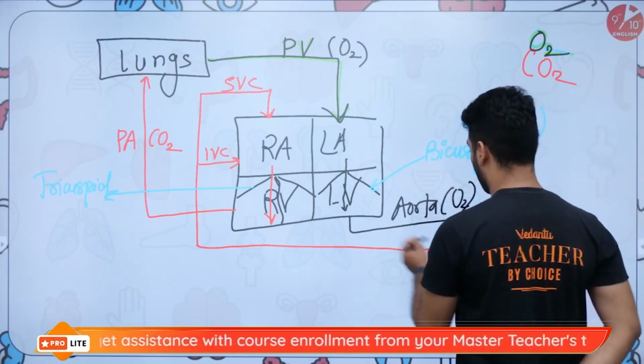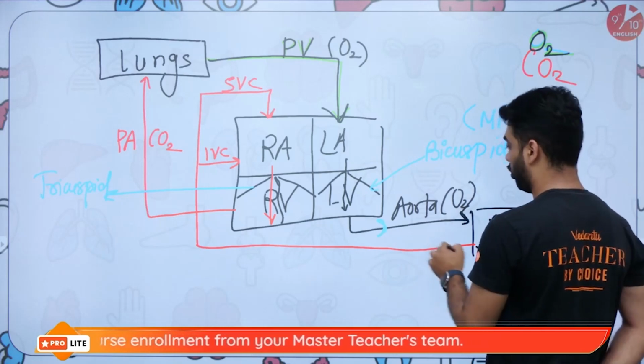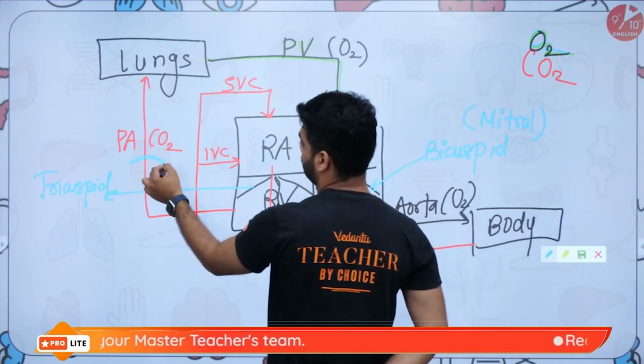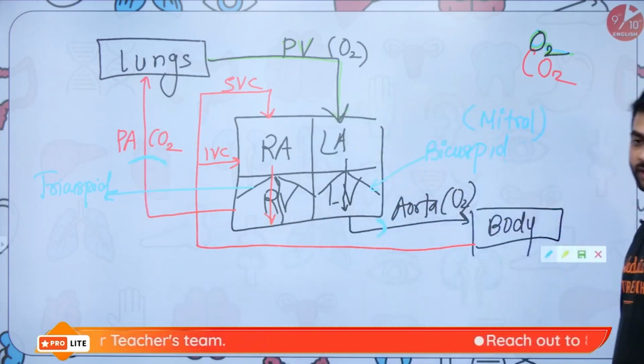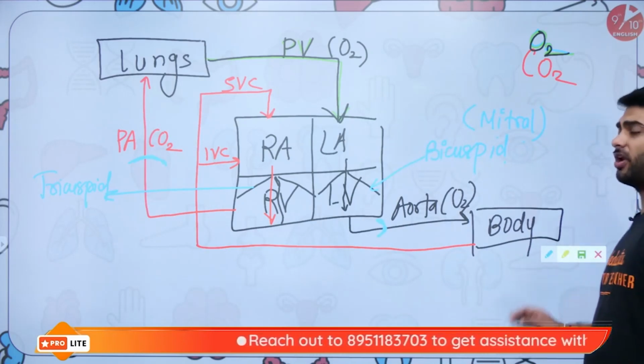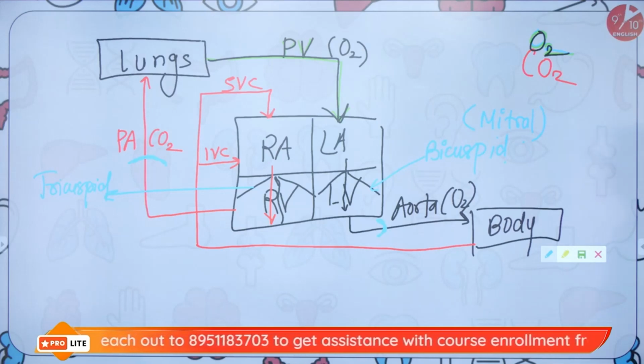Then you have got valves over here, you have got valves over here as well. Pulmonary artery and aorta, both places you have got valves. There are many other valves also. There is something called the foramen of Monro, then there is your eustachian valve. There are many other valves, but from your grade 10 this is what is important.